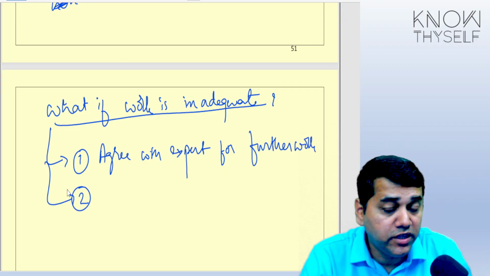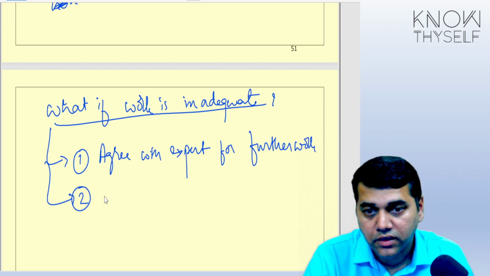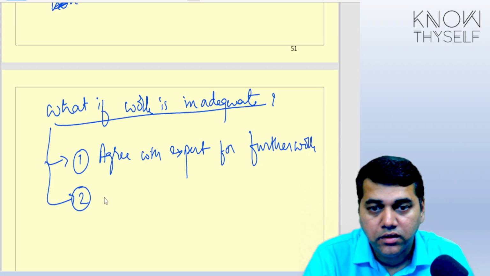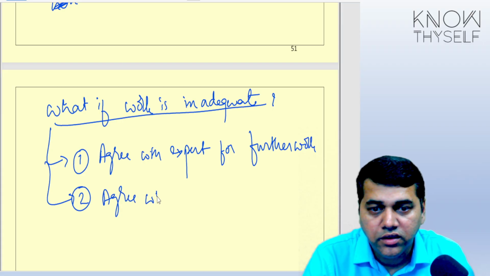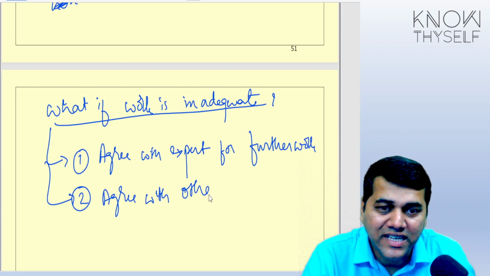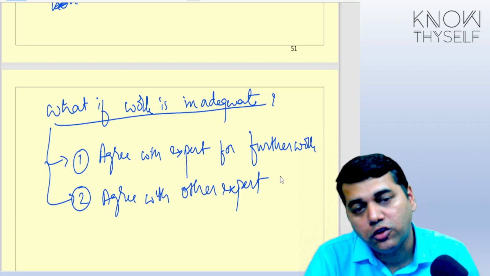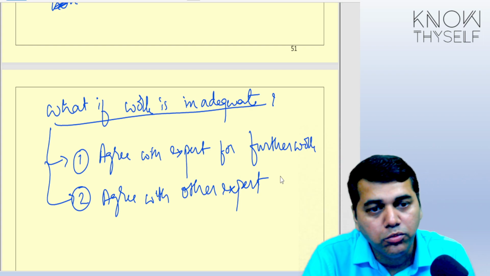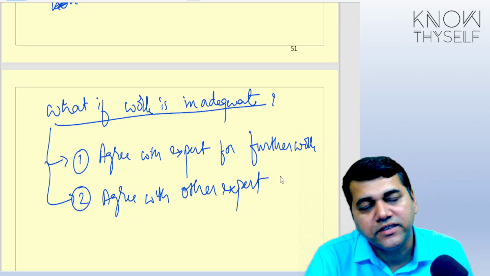Second, actually they missed this point in the study material. Agree with other experts. That means if this person is not willing to do it, he cannot do it, if he is no more, so many things can happen. In such cases, get it done by somebody else.